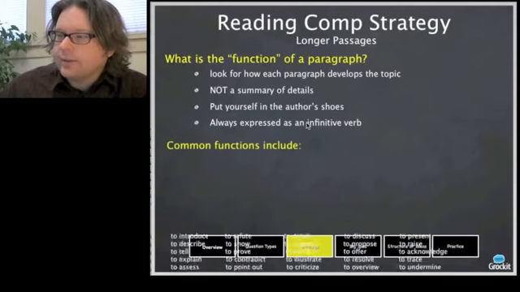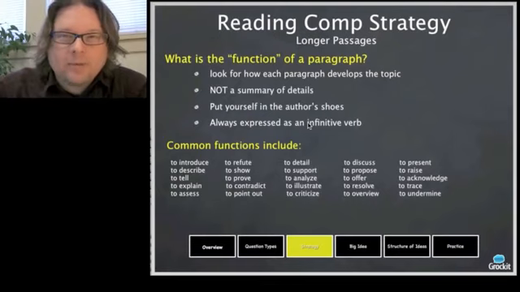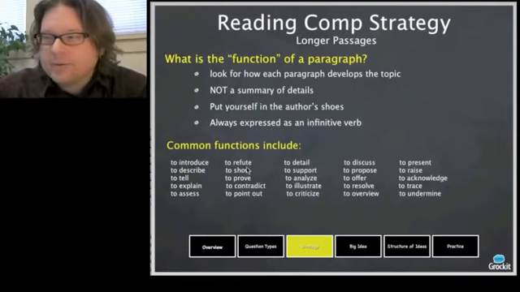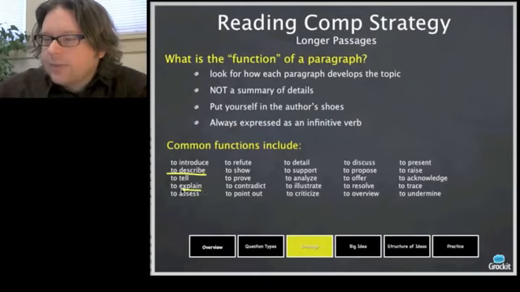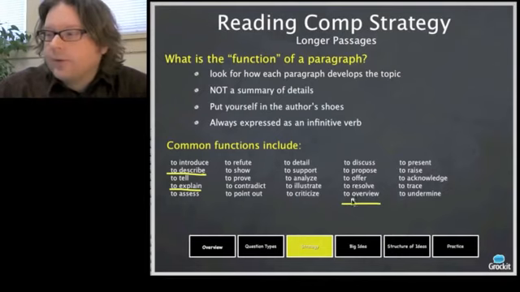So functions, here's a non-exhaustive list, which is to say I'm not going to go through the whole list. But the main point I want to make is that some of these are things like describe, explain, overview. Those are neutral or scholarly points of view. An overview wouldn't necessarily be scholarly, but an explain might be.